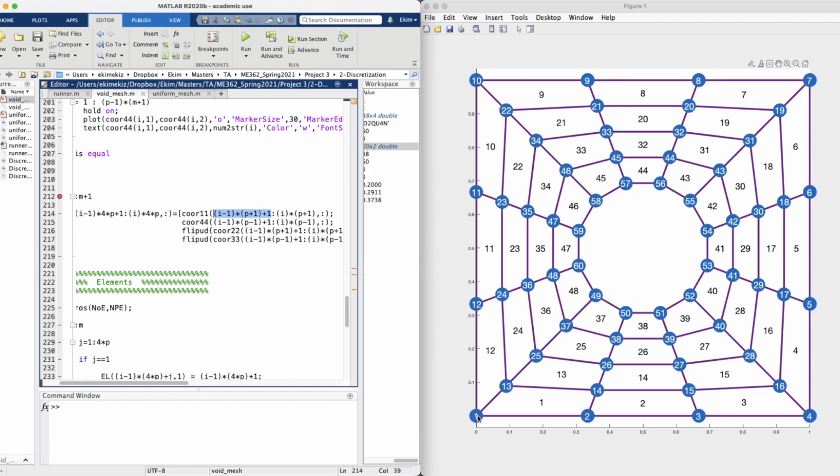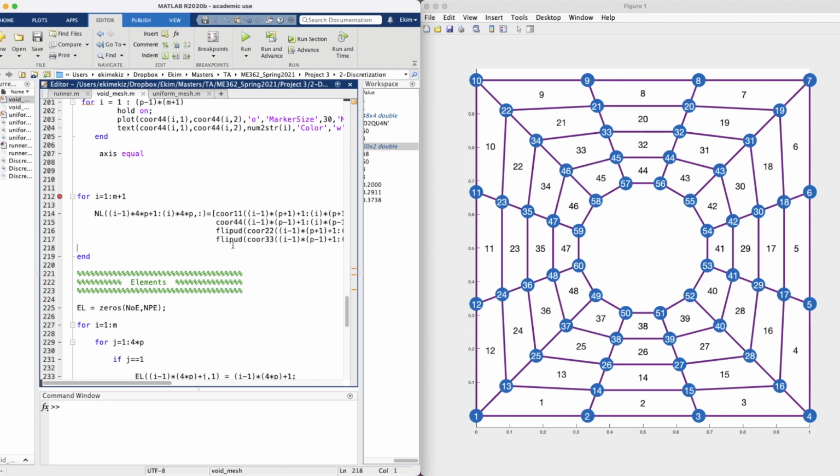So from node 1 of region 1 to node p plus 1 of region 1, which is node 4. So we take these 4 nodes, and then to it we add these 2 nodes of the second region. So for the second region, this was node 1 and this was node 2. Sorry, this is the fourth region, so core 4, 4.